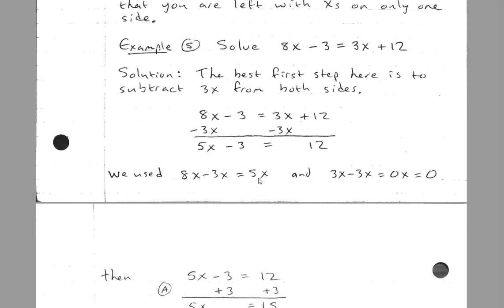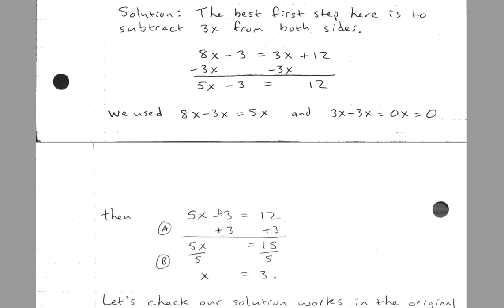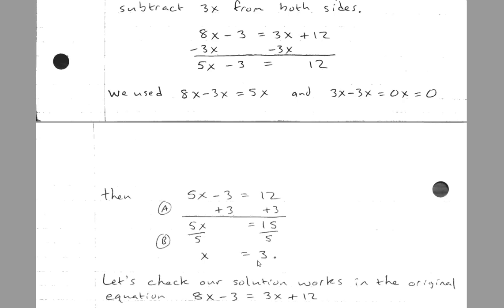Alright, so when the dust clears, we're left with 5x minus 3 is equal to 12. Alright, so now we're back to our standard form. Add 3 to both sides and divide by 5, so x is equal to 3.